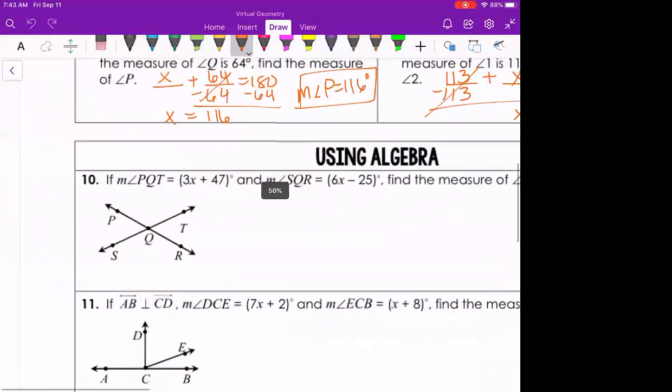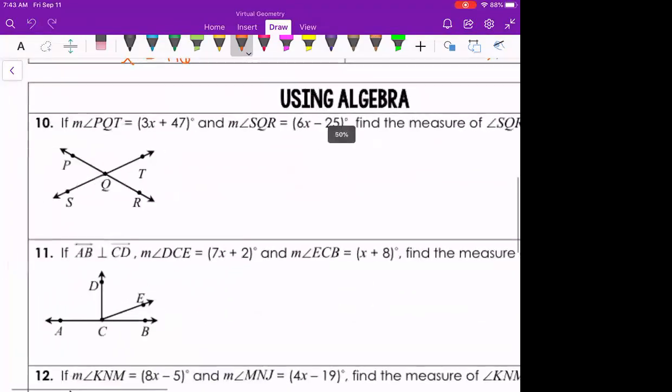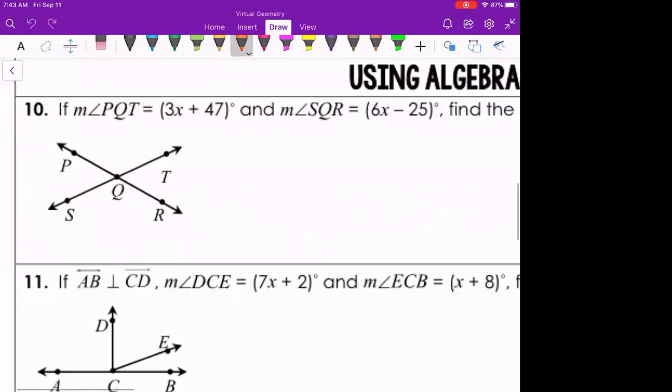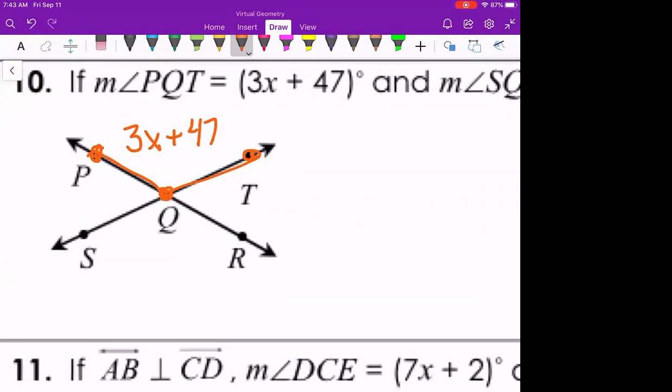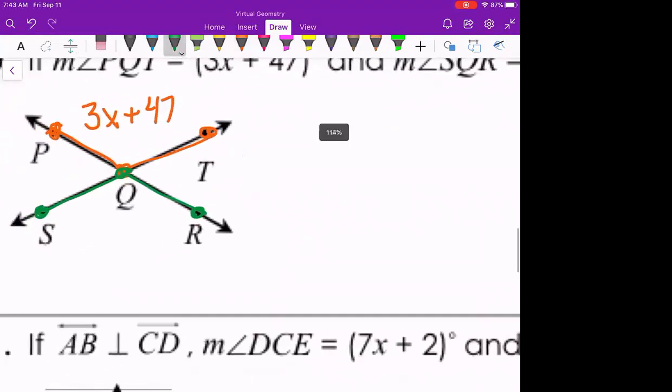Let's try some algebra, and we're almost done with our examples. All right, so if the measure of angle PQT, so let's trace out those three letters, starting at P, moving on to Q, and then moving out to T is 3x plus 47, and SQR, so let's see where SQR is. S to Q to R is supposed to be 6x minus 25.